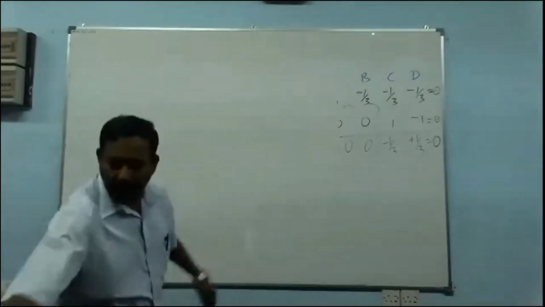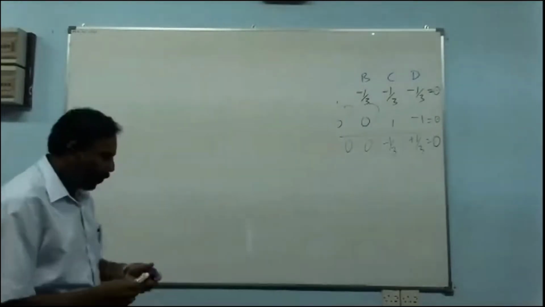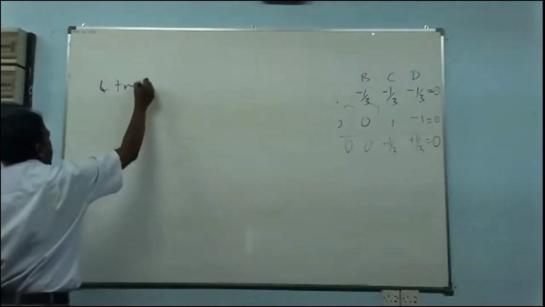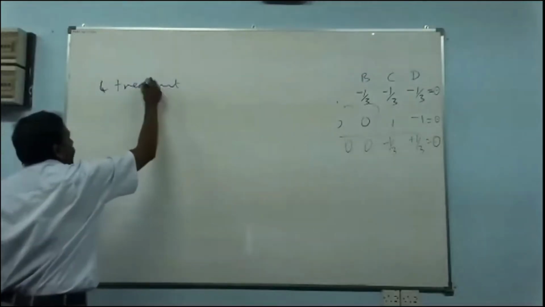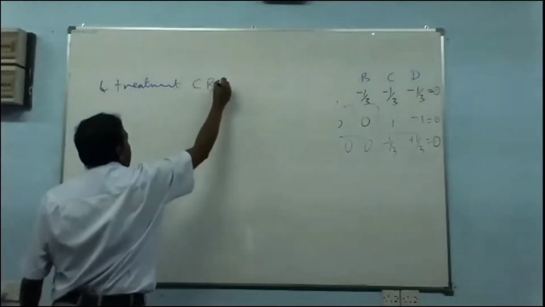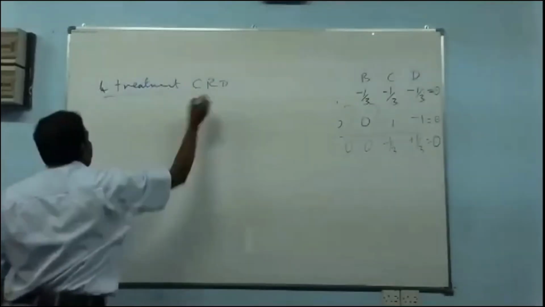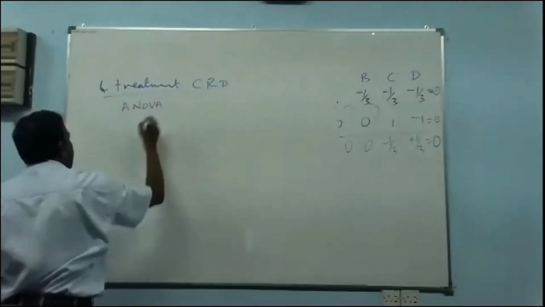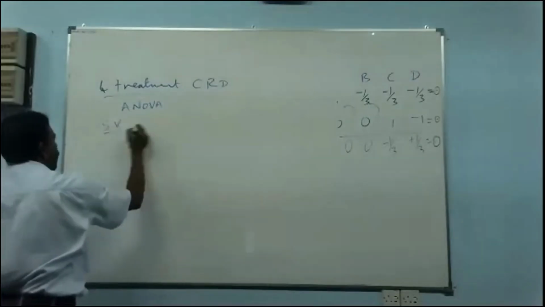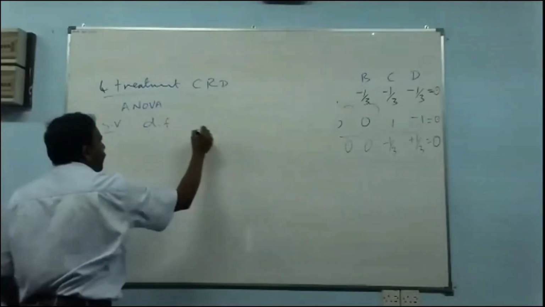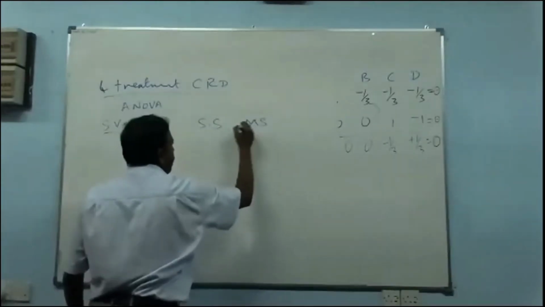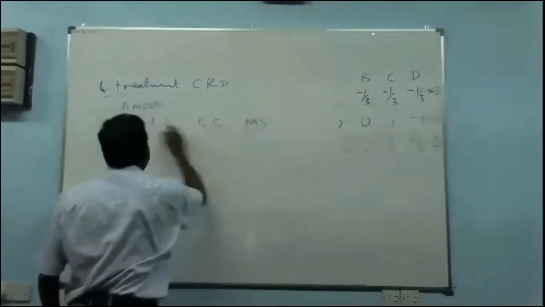Let's take, I have 4 treatments. Let's say CI. How does the ANOVA table look like? Source of variance, degrees of freedom, sums of square, mean square, and so on, right?